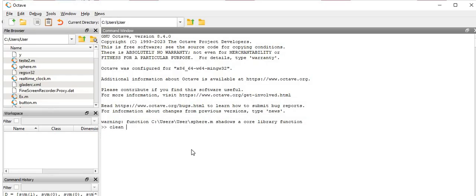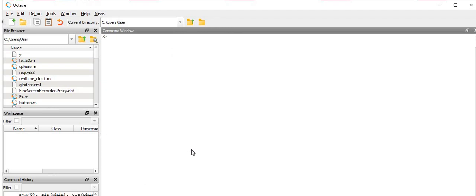Type clear all, and now clc to clean the command window. Now we can start. We can type phi A in degrees is equal to atan2d, and now the coordinates 0.113 and 0.233, and enter.